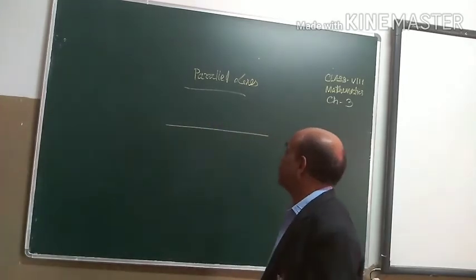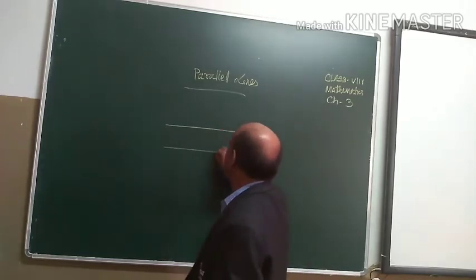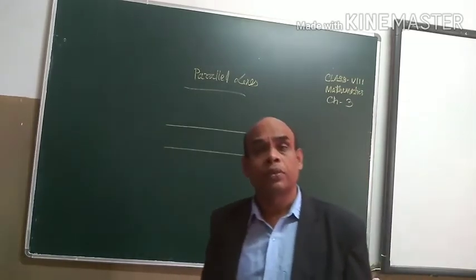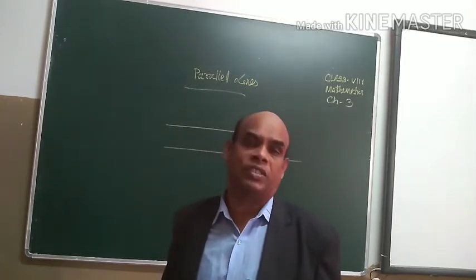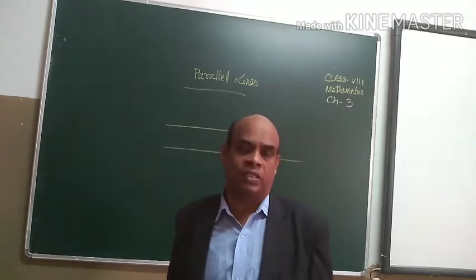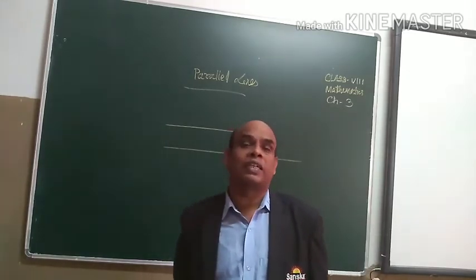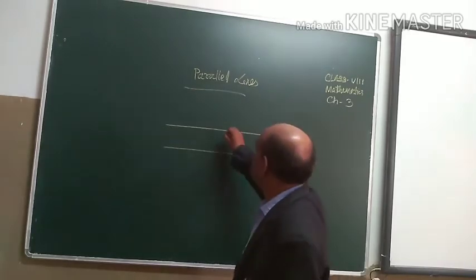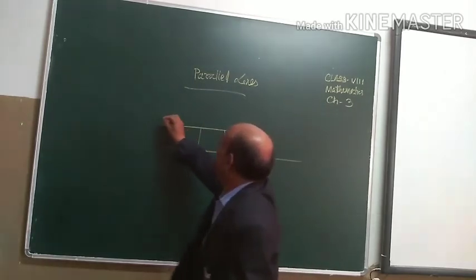Whenever you consider two lines, you will talk about the gap, the difference between them. The difference means the perpendicular distance. Generally the difference is measured perpendicularly, at 90 degrees.